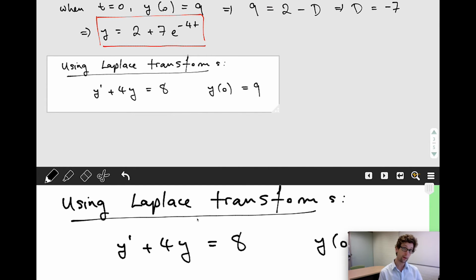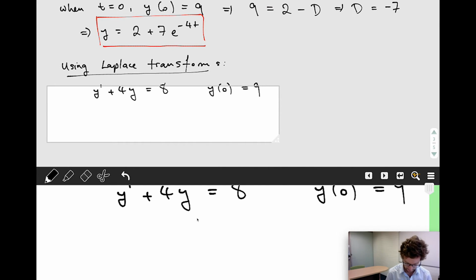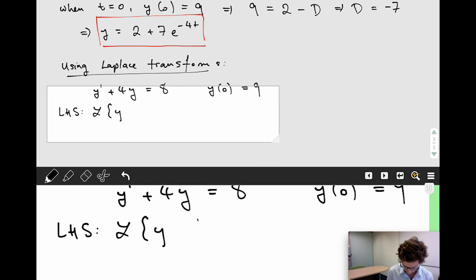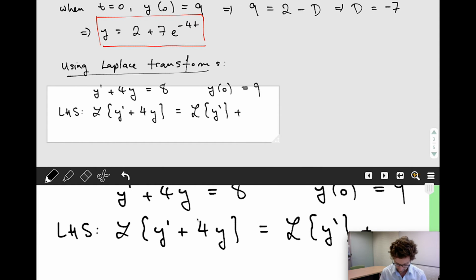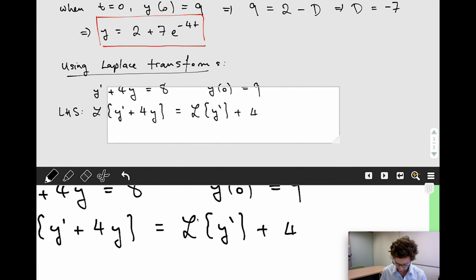So we're going to apply the Laplace transform to each side. Left-hand side, I've got Laplace transform of y prime plus 4y. So using the fact that the Laplace transform is a linear operation, that means that I can apply the Laplace transform separately to y prime and y.